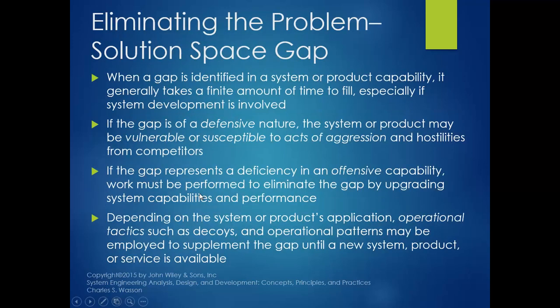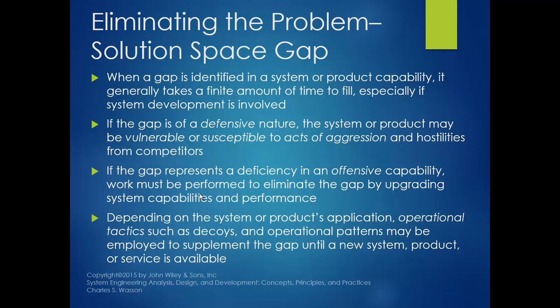When a gap is identified in a system or a product capability, it takes a limited amount of time to fill, especially if system development is involved. If the gap is of a defensive nature, the system or product may be vulnerable or susceptible to acts of aggression and hostilities from competitors. The vulnerability has to be addressed as soon as possible to protect the company's system.